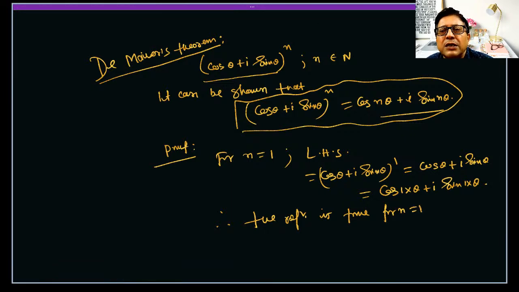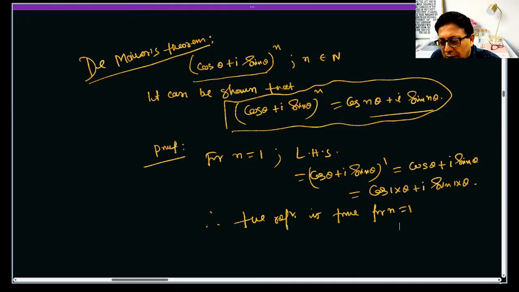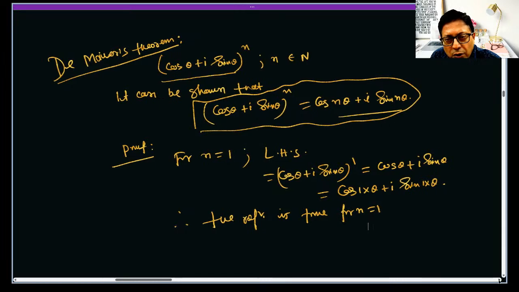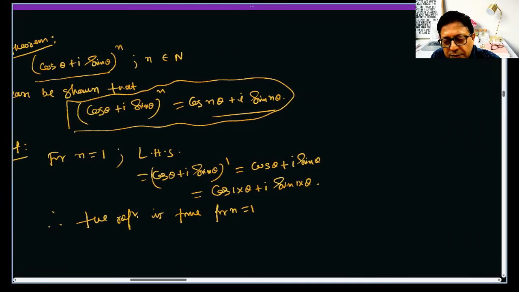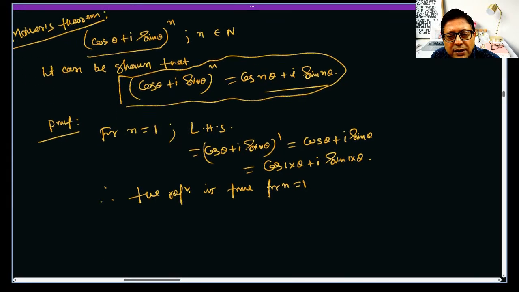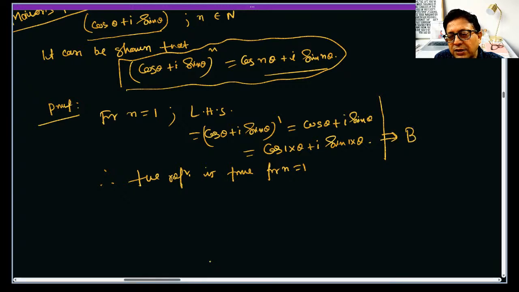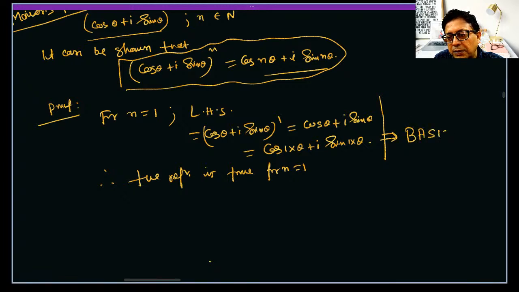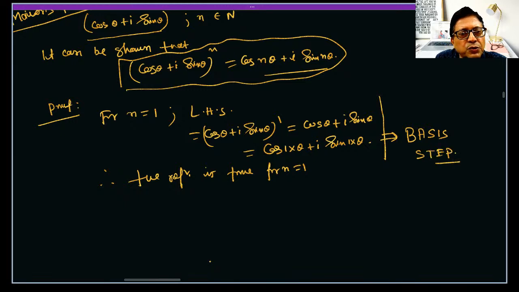In mathematical induction, what we do, we assume that the formula be true for n equal to an arbitrary positive integer, something like k, m, whatever you take. So we are going for that, and this part is known as the basic step of induction. Basic step means it is true for n equal to 1.